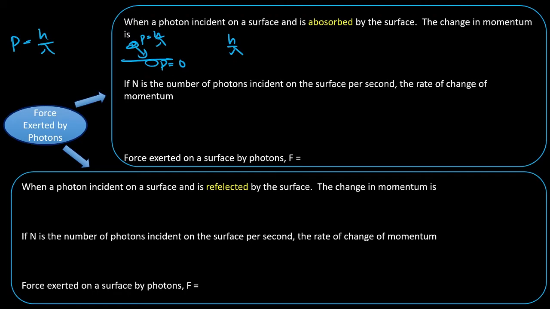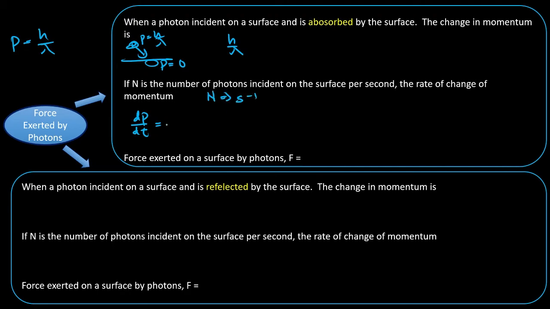Let's say there is not only one photon, but a lot of photons. If n is the number of photons incident on the surface per second, then light incident on the surface produces a lot of photons in one second. The rate of change of momentum is dp/dt. Now n has the unit of per second.